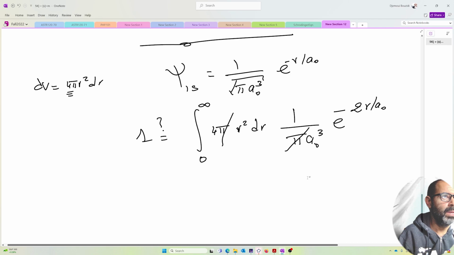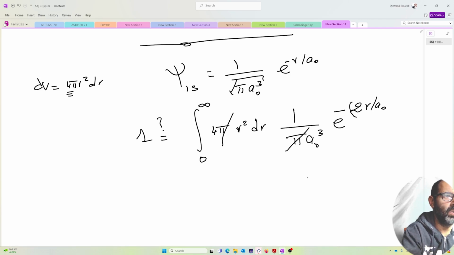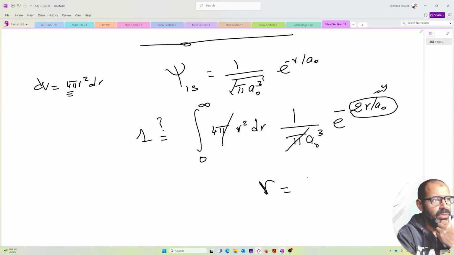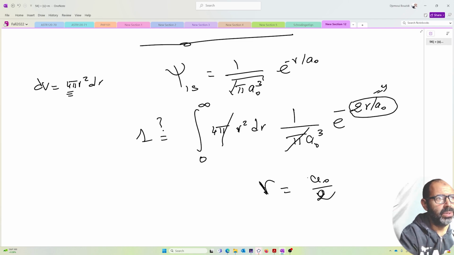Let's check. We do change a variable. This time we're going to call this whole thing just y, which means that my r is equal to a naught over 2 times y, because if I substitute, a naught cancels the a naught, the 2 cancels the 2, and I'm left with y.